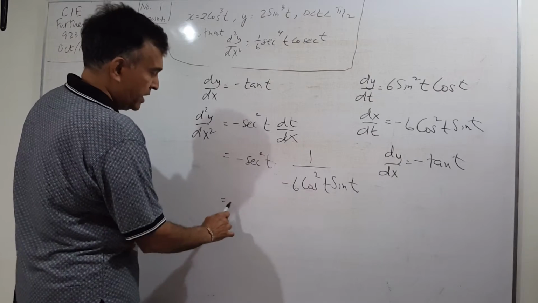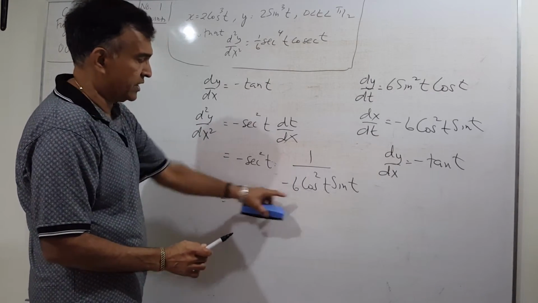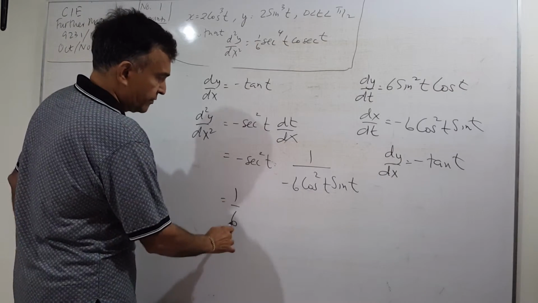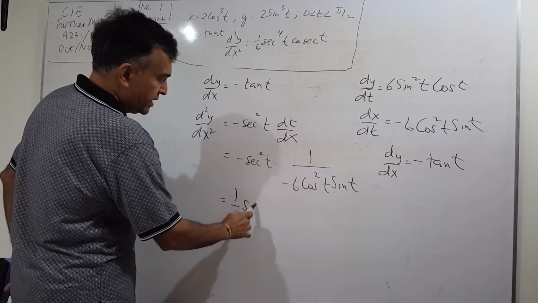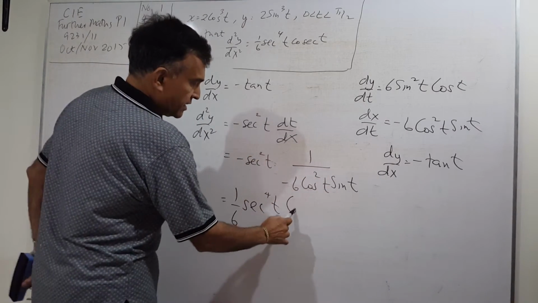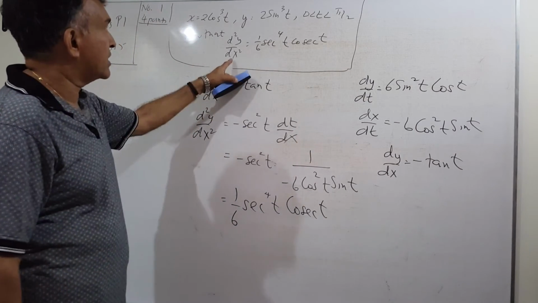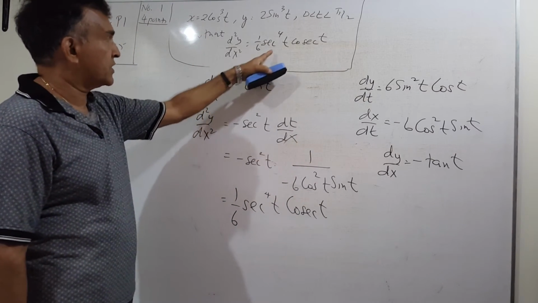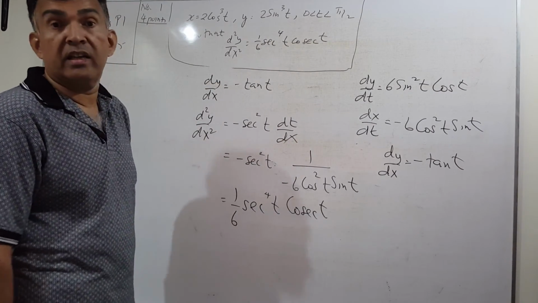So I bring the cos squared t up, and remember there's a 6, so I have 1 over 6. 1 over cos squared is secant squared. Secant squared times secant squared is secant to the power 4t. And 1 over sine t is cosecant t. There you have it, d2y dx squared is 1 over 6 secant to the power 4t times cosecant t. And we are done.